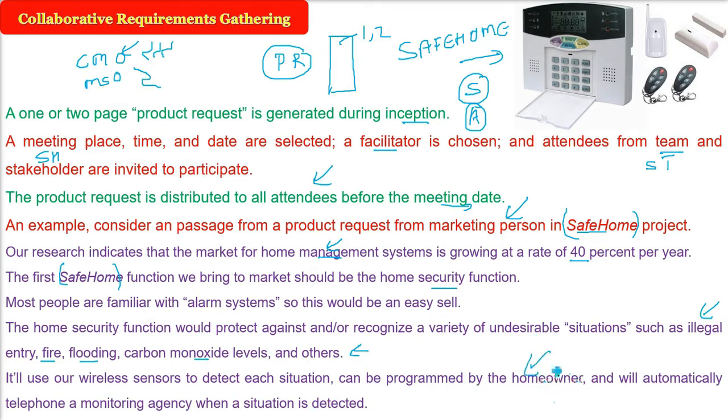The homeowner can program this, because he should be the sole user, and if something happens, it will automatically call the emergency number. For example, in India we have 100, in the US and Canada we have 911. So the system should call by itself.